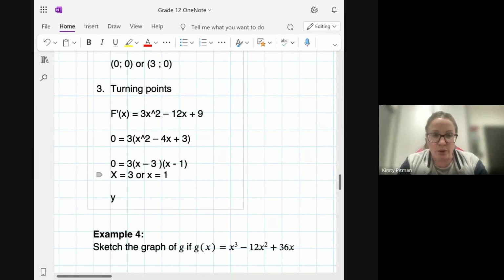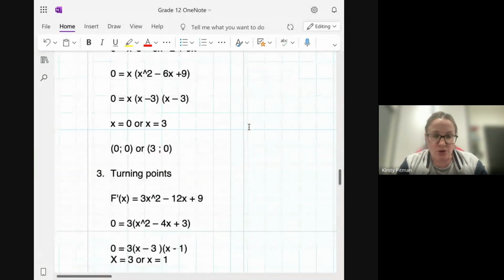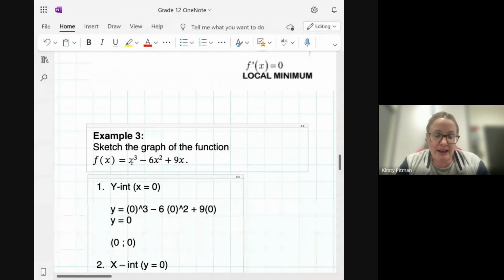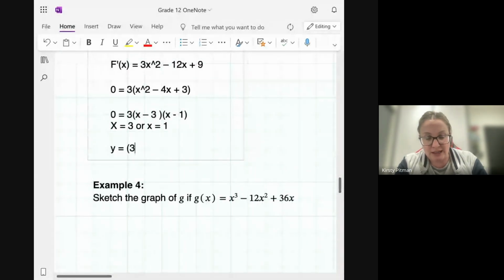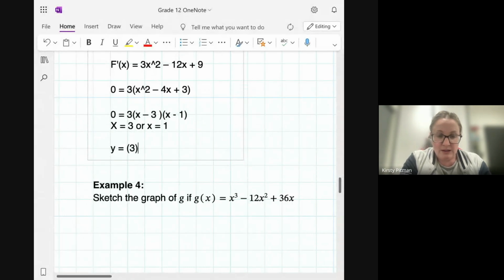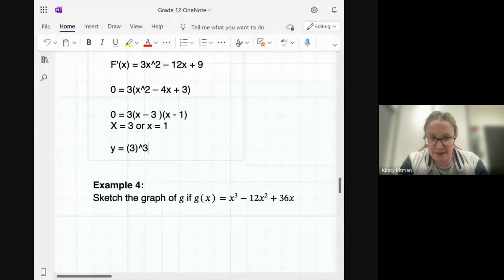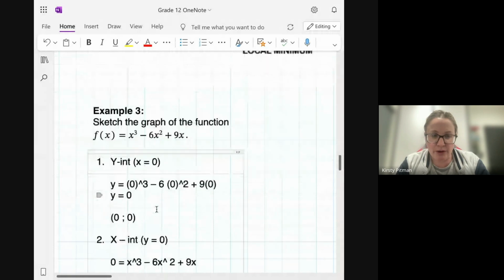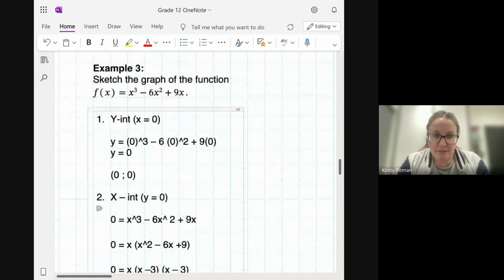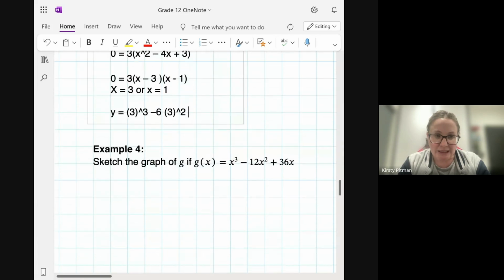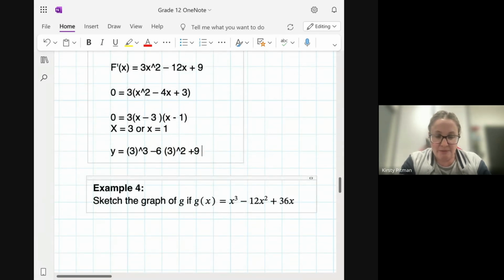So your original equation was y is equal to x to the power of 3, so y equals x, which is now 3, to the power of 3, minus 6 x, which is now 3, to the power of 2, plus 9, open brackets, times by 3.